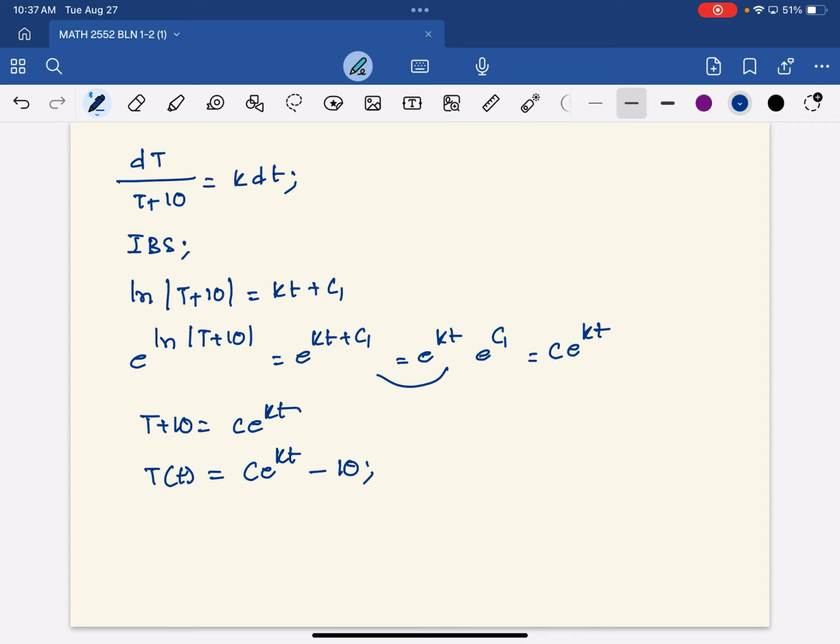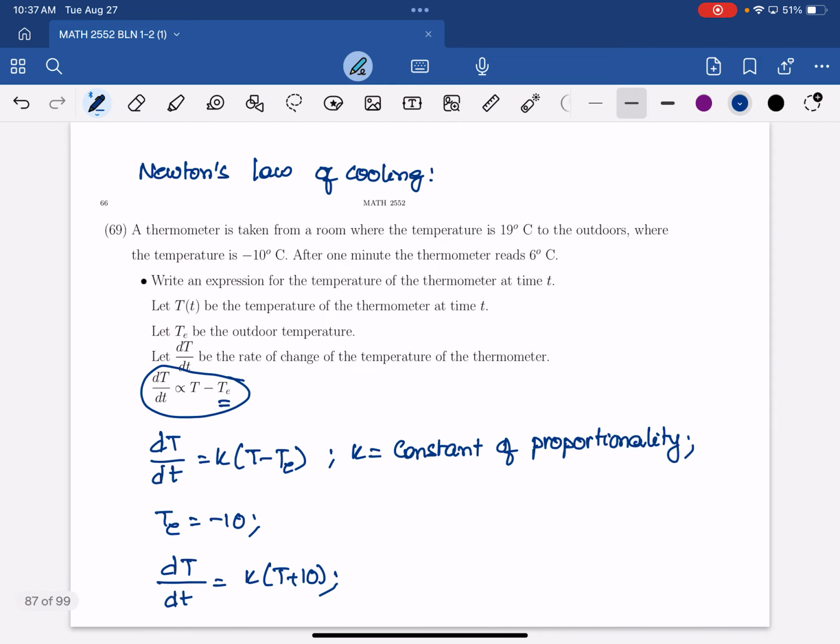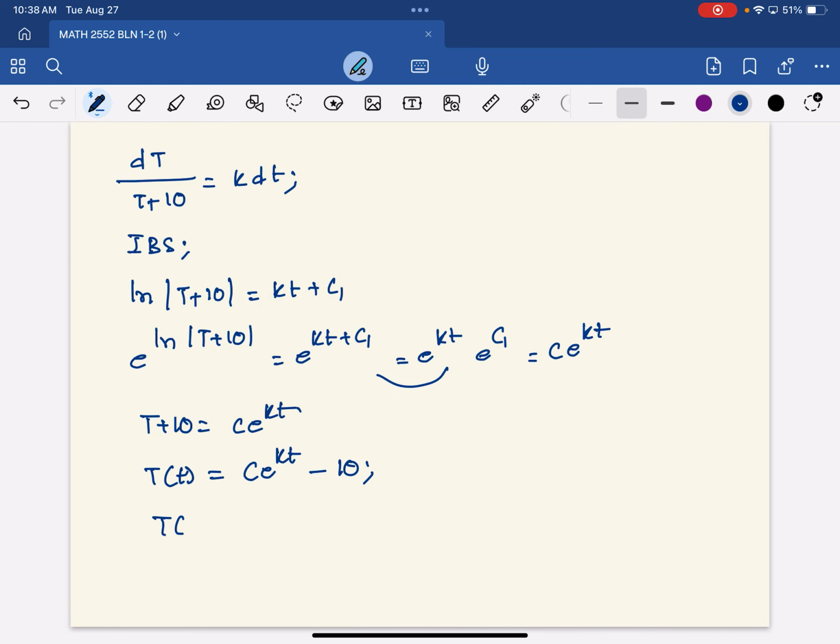Now I want to find C and K. In this experiment, the initial temperature is 19 degrees, so T of 0 is 19. When the time is 0, the temperature is 19 degrees. I substitute: C times e to the K times 0 minus 10. This gives C equals 29.